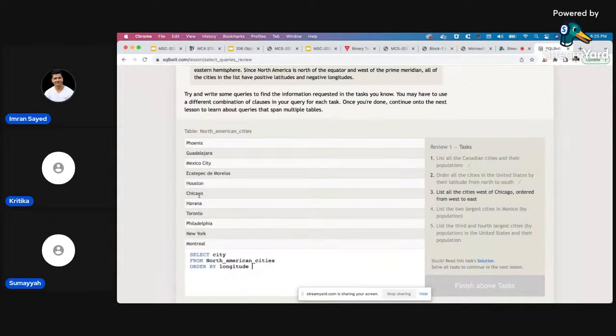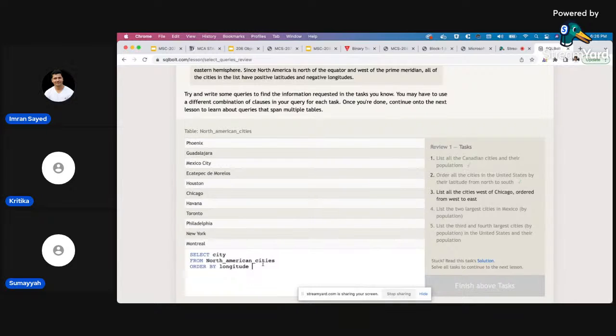It kind of starts from Chicago. So, Maya, can you think of this? I think we need to get all the cities that have longitude lesser than Chicago's longitude. I don't know how to do that.